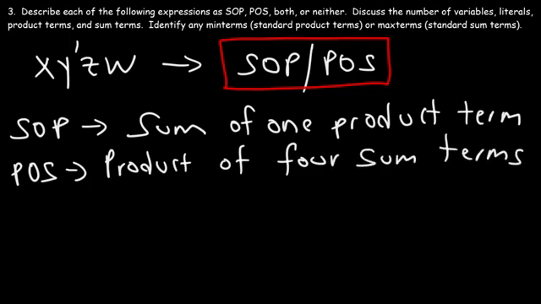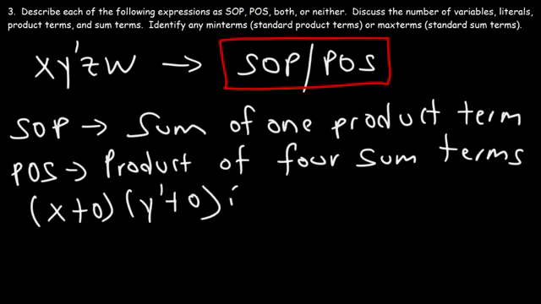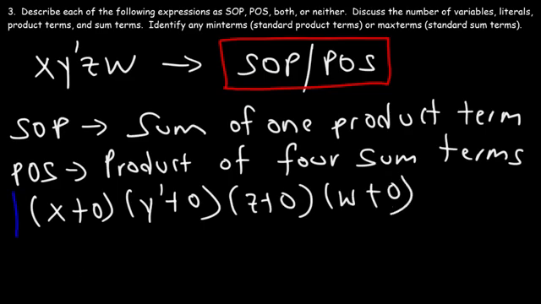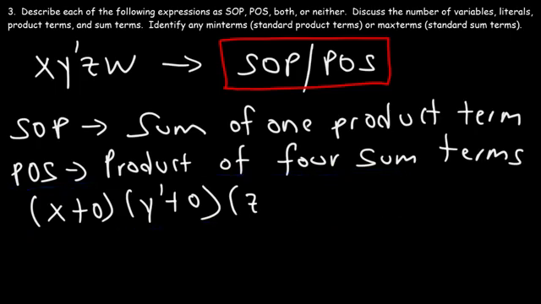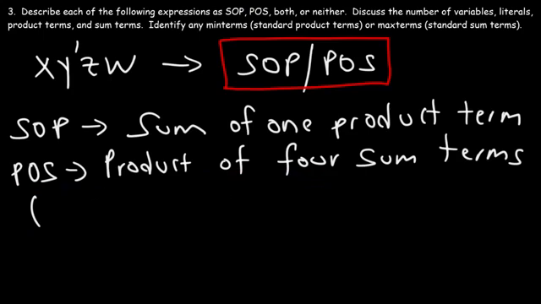If that statement confuses you, see it this way. x, you could think of as x plus 0. y prime, you could see as y prime plus 0. And then z plus 0 and w plus 0. Now, in this form, it looks more like a product of 4 sum terms. At least that's one way I think of it. But that particular expression can be described as both a SOP and a POS expression.